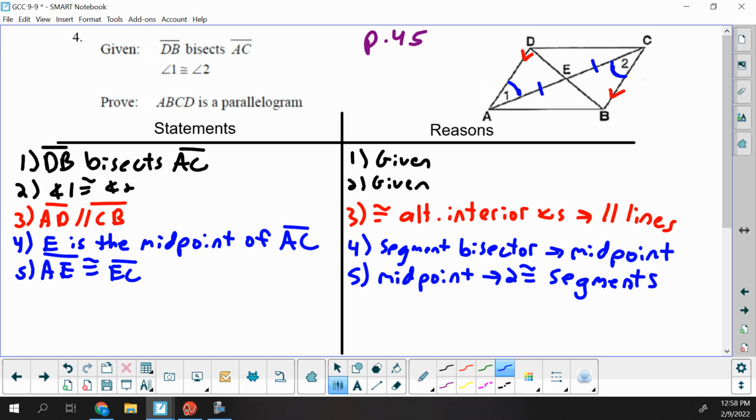Well, we basically could work with those left and right triangles if we wanted. We already have two things marked congruent in there. So let's maybe get a set of vertical angles. Let's call these 3 and 4. We can do vertical angles implies congruent angles, and angle 3 is congruent to angle 4.